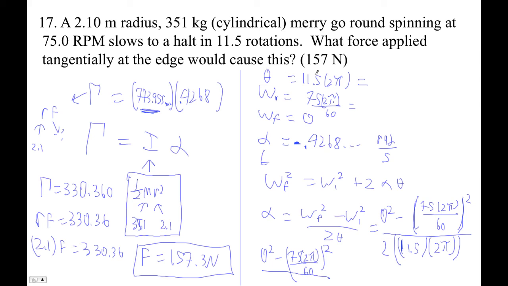So convert the rotations to radians and RPMs to radians per second, and solve for the angular deceleration, in radians per second squared. Third step, use torque equals I alpha to find the torque. And the fourth step is to take that torque and the radius and figure out what force at the edge would do that: 157 newtons at the edge. It's always 4 steps.